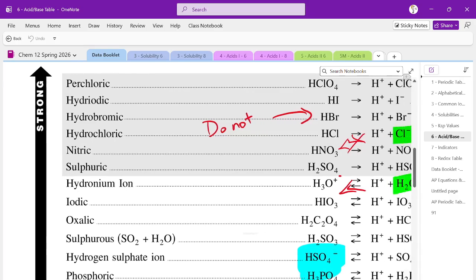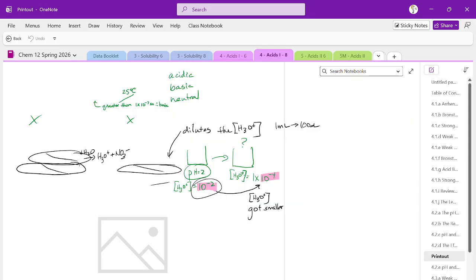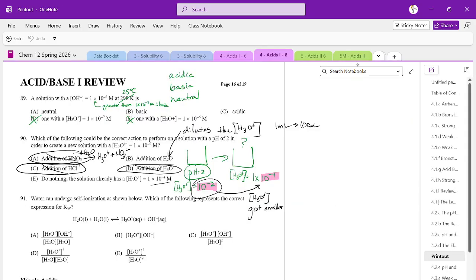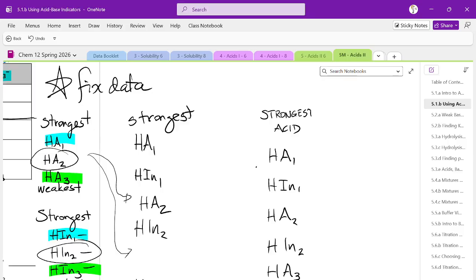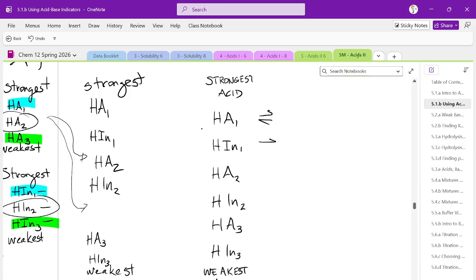We need to have the H plus and the base form on the other side. Does that make sense, if we want to make a table that looks like this? So each of these are weak, so they're all going to have equilibrium arrows.